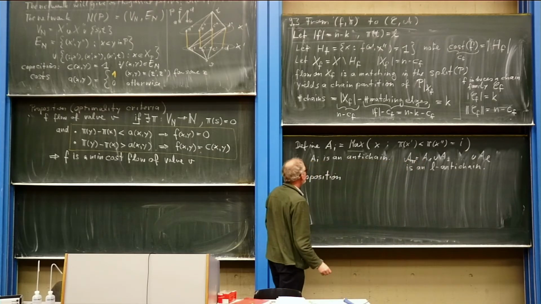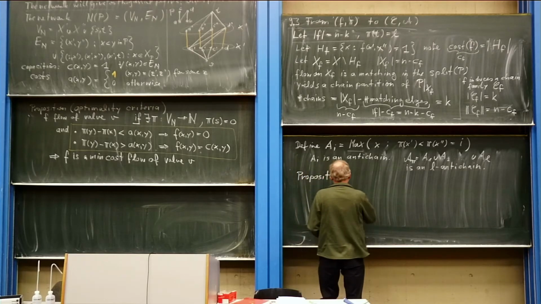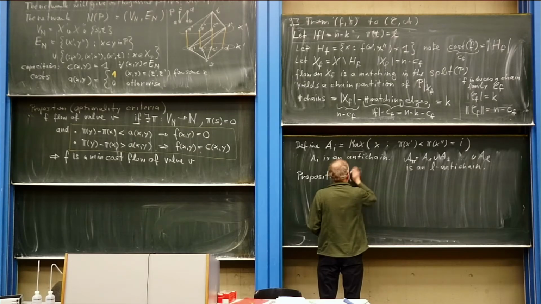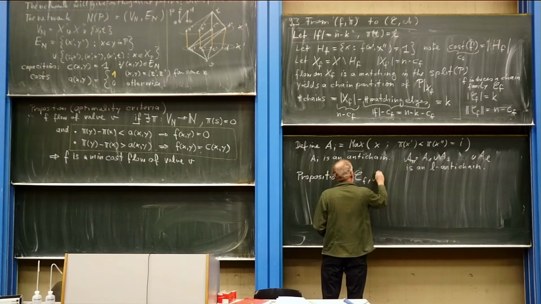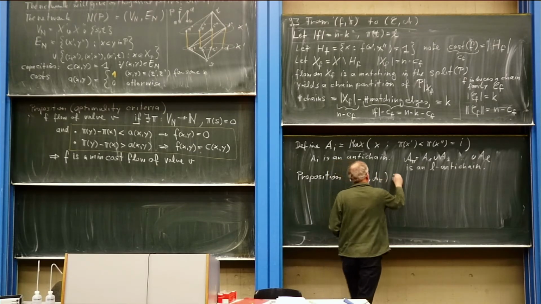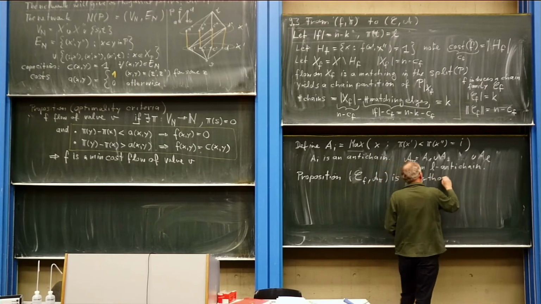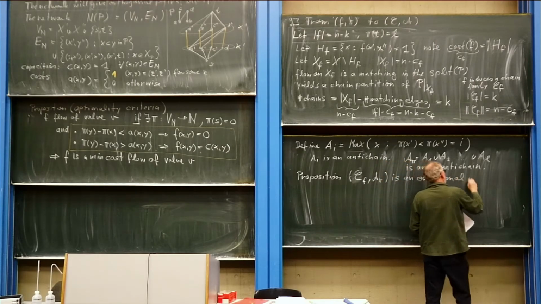So the proposition is that we always take the CF first. The CF, A_pi is orthogonal, K.